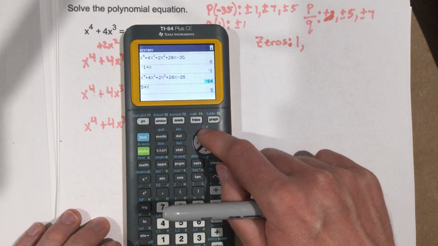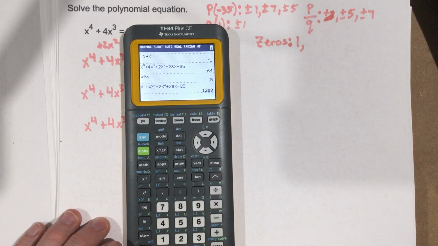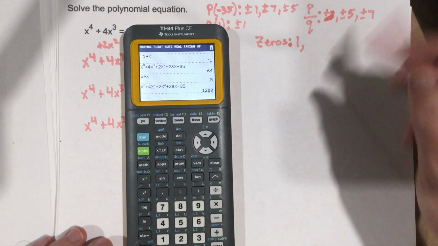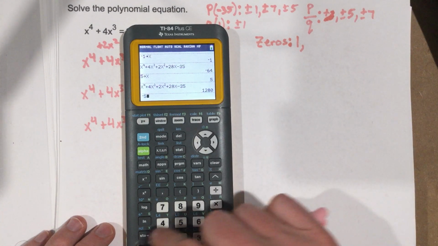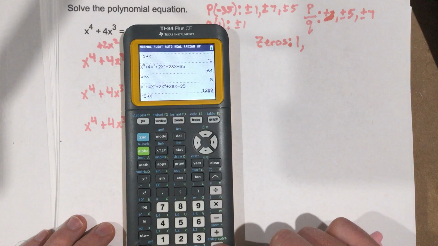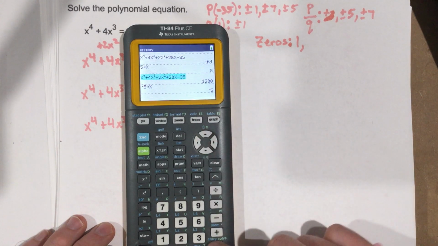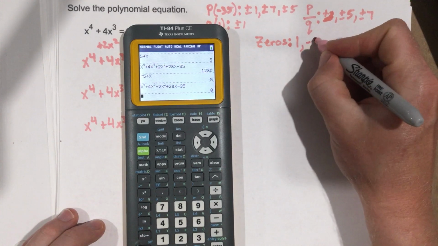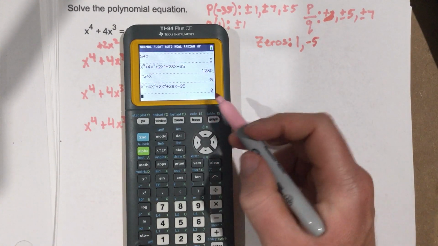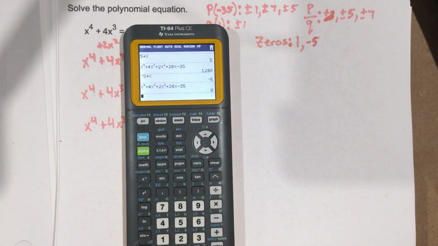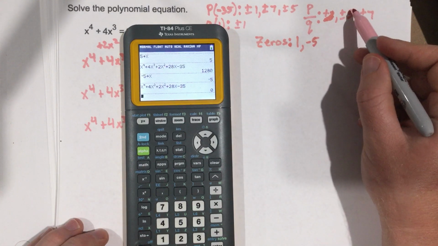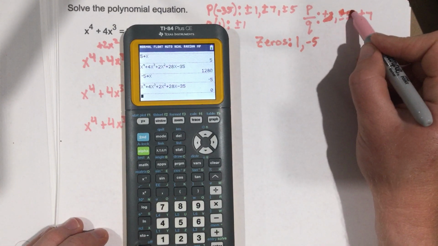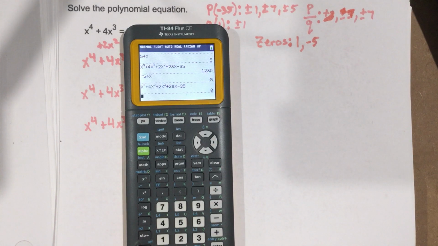Hit enter, grab that function, not 5. So 5 doesn't work. Now let's try negative 5. Store it as x, grab the function. Yes, negative 5 is a 0. We got 0, so negative 5 is a 0. So it works.